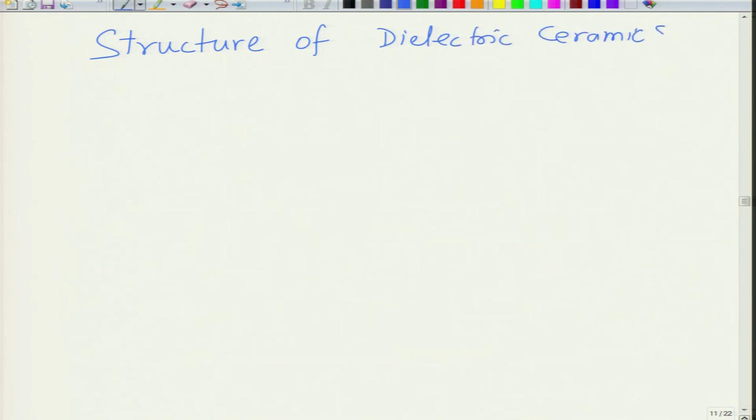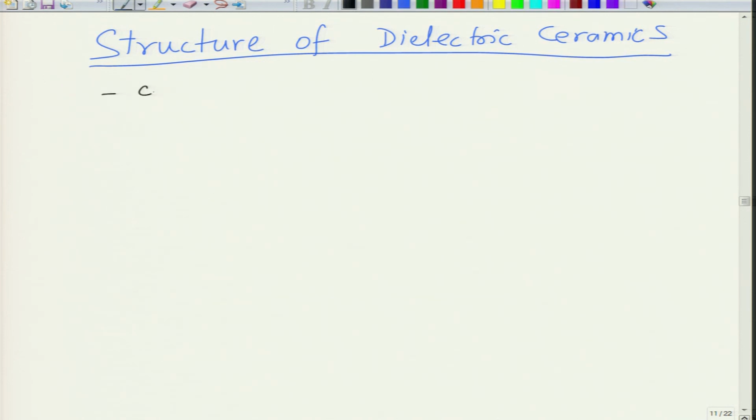Now, let us go to the nitty-gritties of the structure of these materials. We will first discuss the structural aspects of these materials. Now, by structure here I mean, a structure can be defined at various scales.